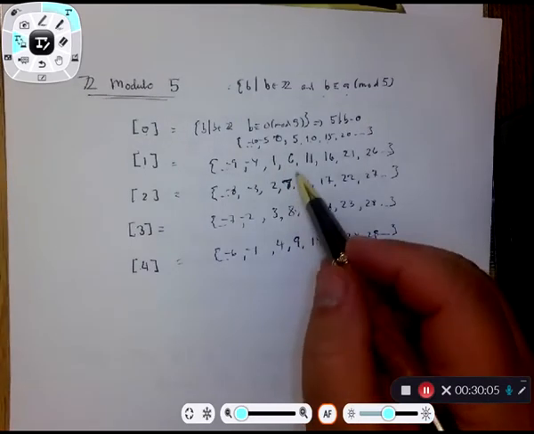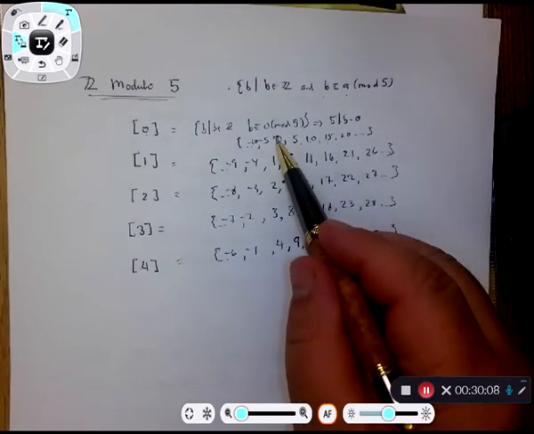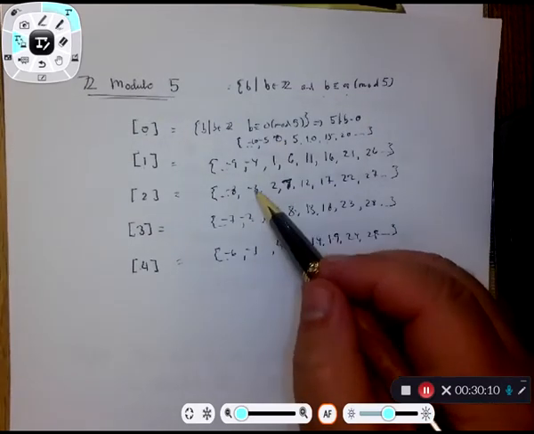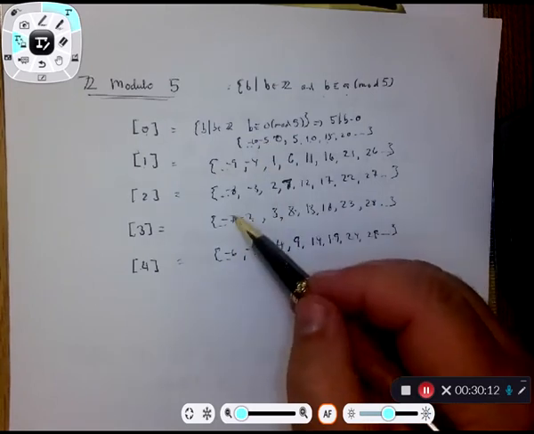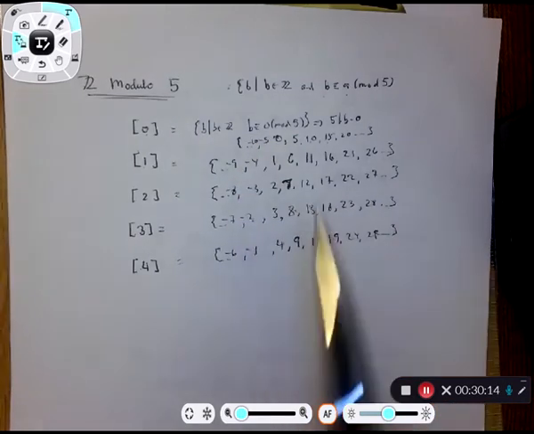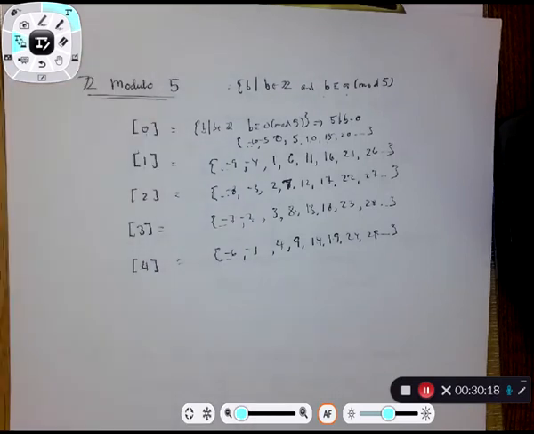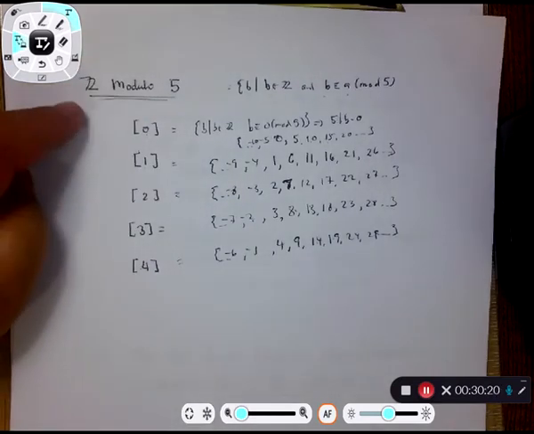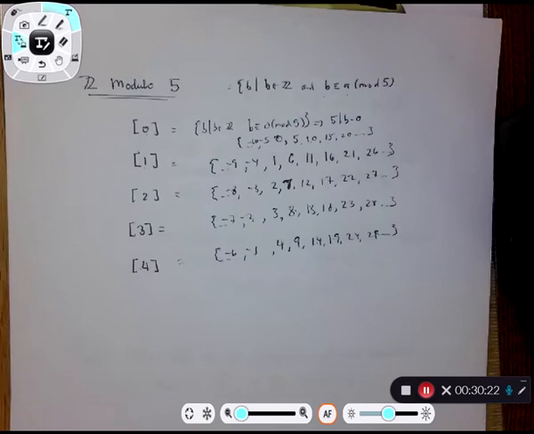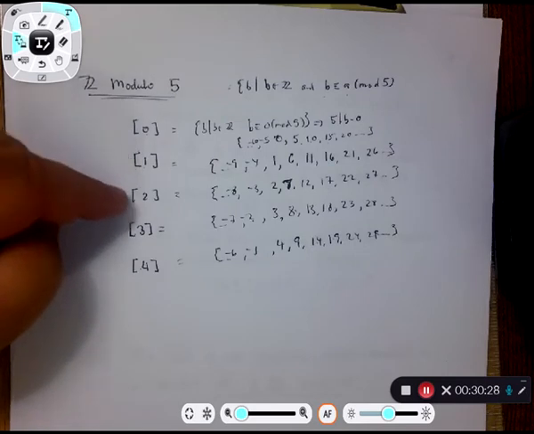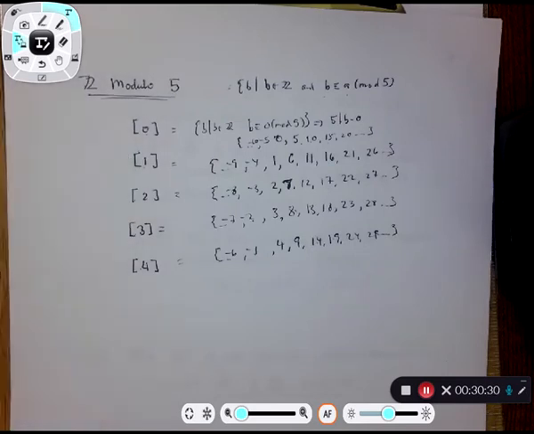Going the other direction you've got 0, negative 1, negative 2, and so on, and it keeps on going. So every integer has been put into one of these categories. This is Z mod 5, but the equivalence classes are 0 through 4. We put pointy brackets around them to recognize that they are congruence classes.